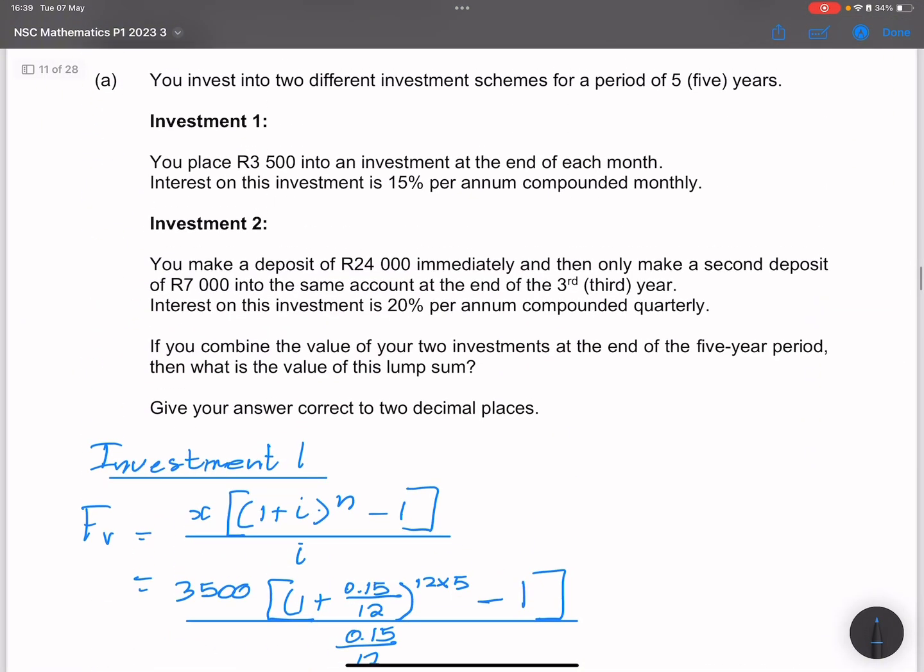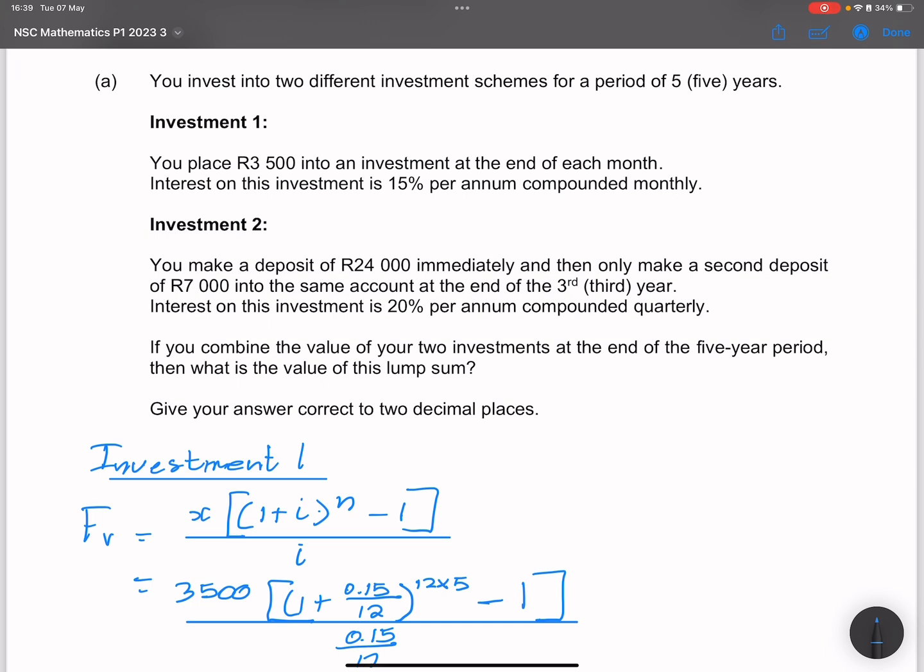Now let's go to the second investment. They said you make a deposit of 24,000 immediately, and then make a second deposit of 7,000 into the same account at the end of the third year. Interest on this investment is 20% per annum, compounded quarterly.